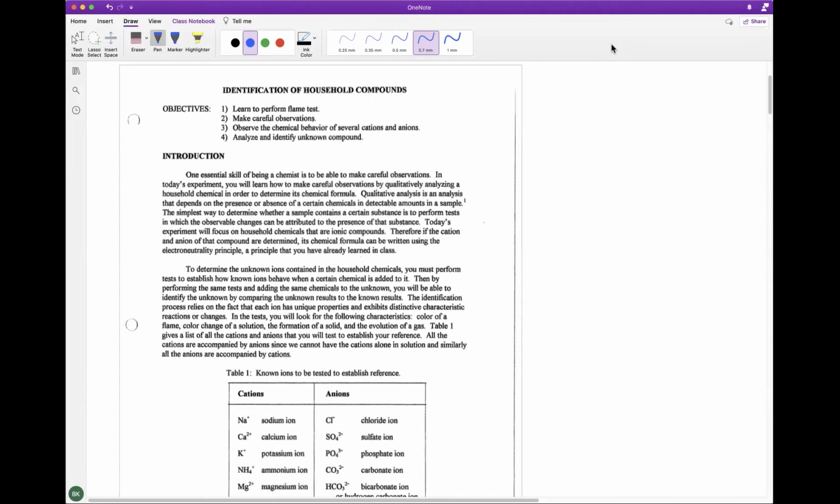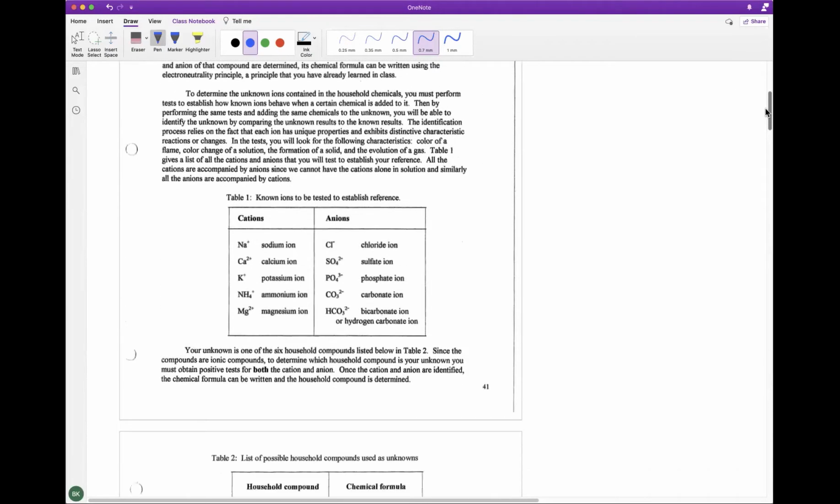We want to make detailed observations about what we see, so that if we want to repeat the experiment, or if somebody else does a similar experiment, they can relate what we did to what they did. If we get a solution that turns pink, and they get a solution that turns pink, then we can relate those two experiments to each other. So that's what we're going to do. Our key today is making careful observations of what we see.